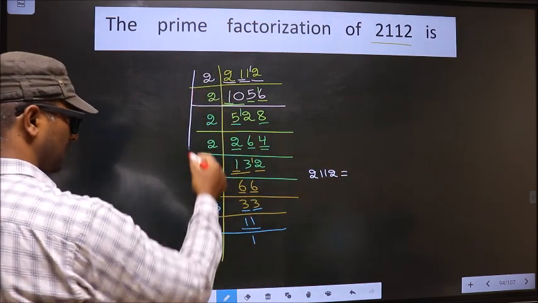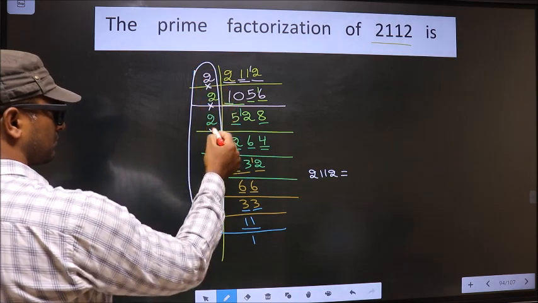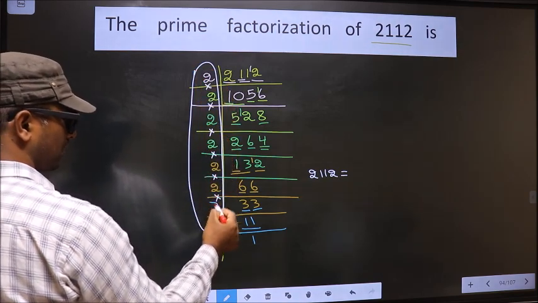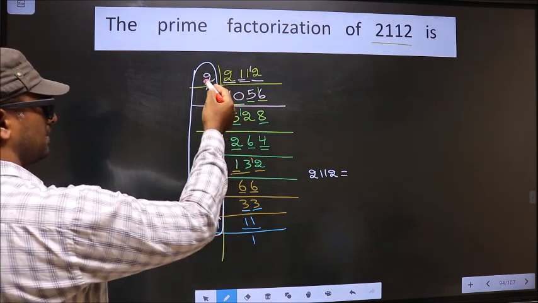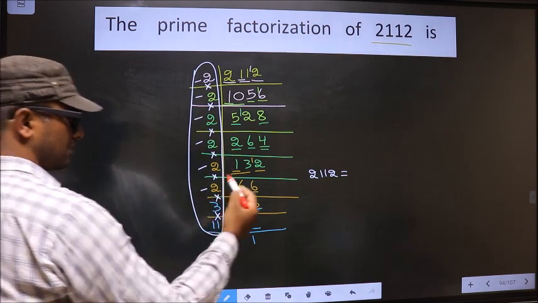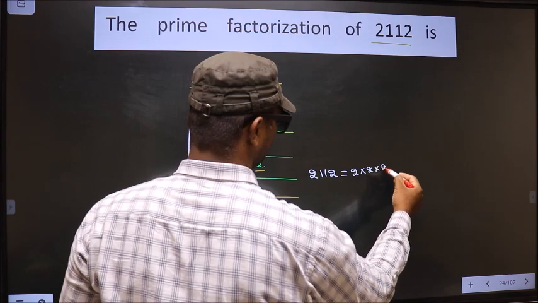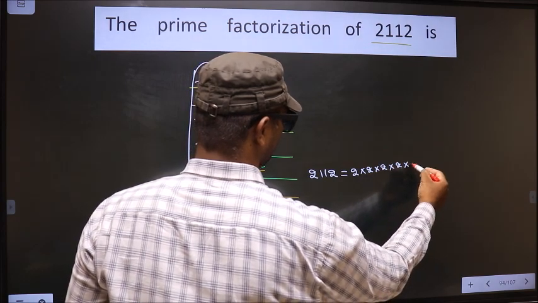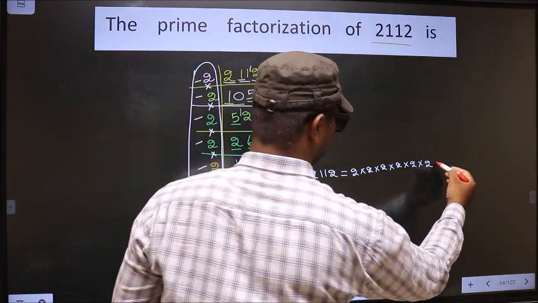is the product of these numbers. So how many times did we get 2? 1, 2, 3, 4, 5, 6. So it is 2 into 2 into 2 into 2 into 2 into 2 and into 3 into 11.